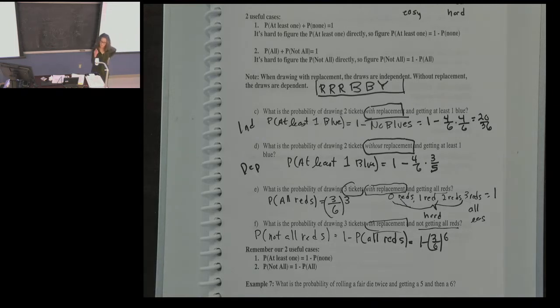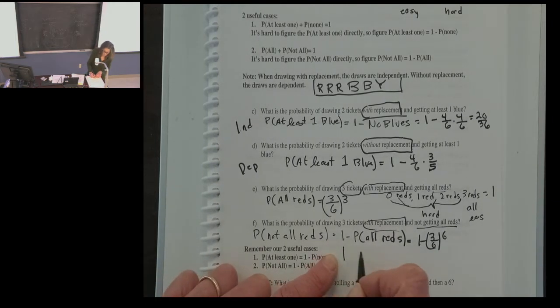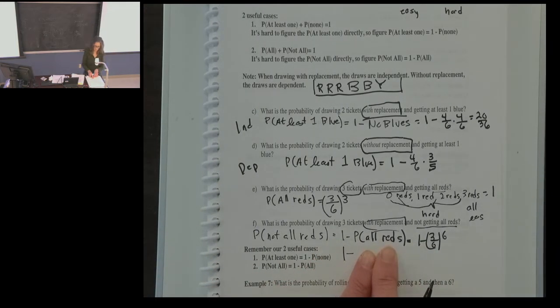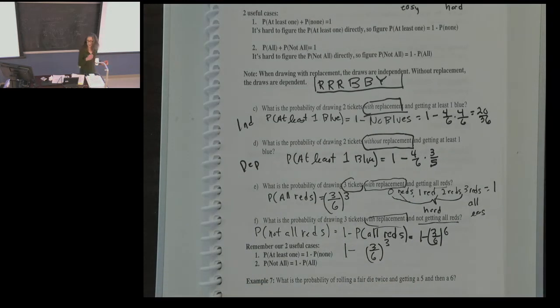Because what we're doing here is 1 minus, and what's the probability of all reds? Right there. Does that make sense now? Okay. Any other questions? His question was, why wasn't the parentheses around the 1, 2?